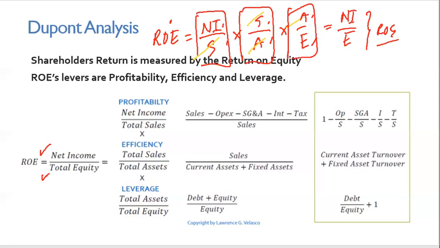Okay? Net income over sales, hindi ba parang net profit margin yan? Right? Correct? Sales over asset, hindi ba parang total asset turnover yan? Sales over asset is parang how much sales per peso of assets invested. So hindi ba parang total asset turnover yan?